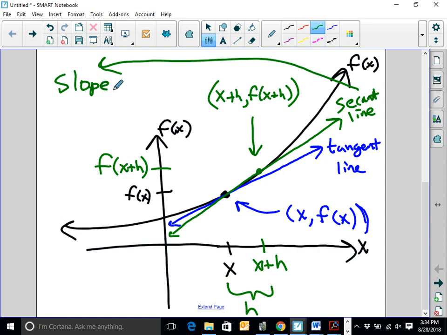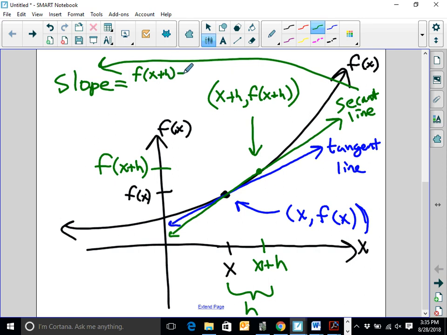Well, anytime we have 2 points, finding a slope is very simple. We do the change in y over the change in x. When we do that, I'm going to lead with my x plus h and my f of x plus h. Our slope would be f of x plus h minus f of x.